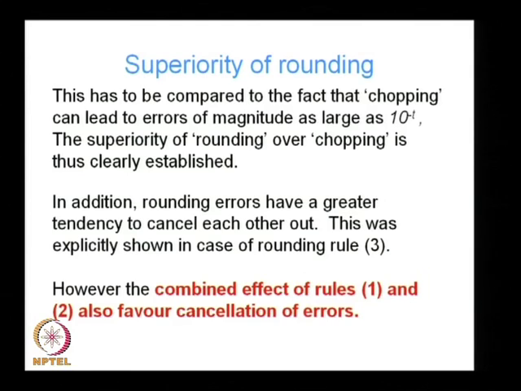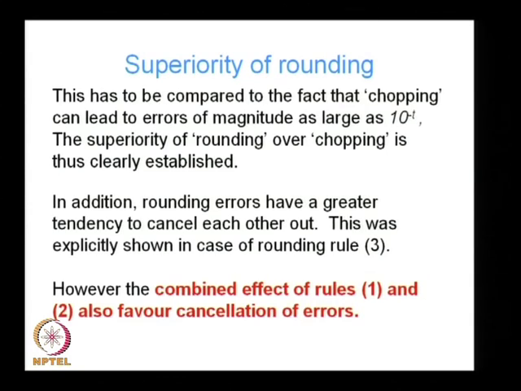Instead of 10 to the power minus t, now our errors lie in the range minus half 10 to the power minus t to half 10 to the power minus t. The superiority of rounding over chopping is thus clearly established.